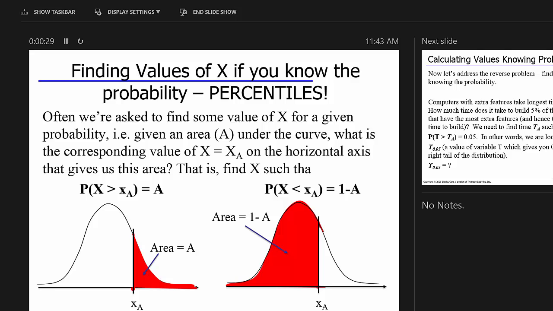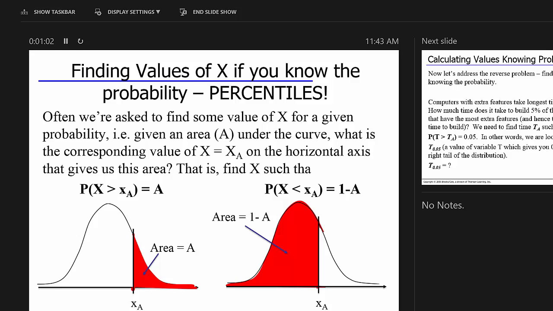Here are the standard notations that statisticians use. Let's say I have a distribution which looks normal. The typical approach is to talk about the right tail of the distribution only. Here I have a certain area, and the total area is 1, so it's a fraction of 1. Let's say this is area A, whatever it may be, 0.2, 0.3, 0.05.